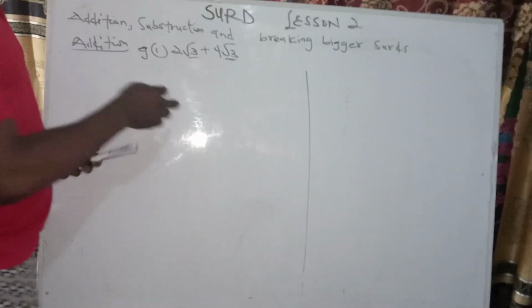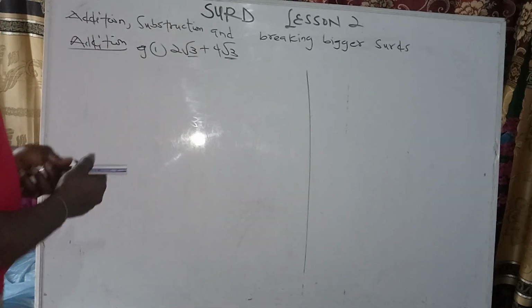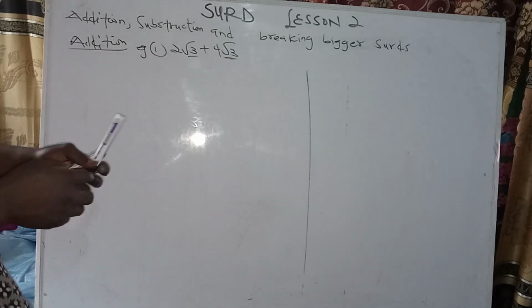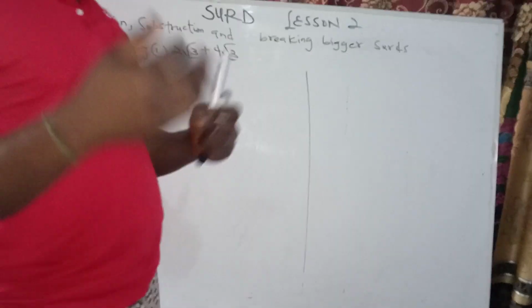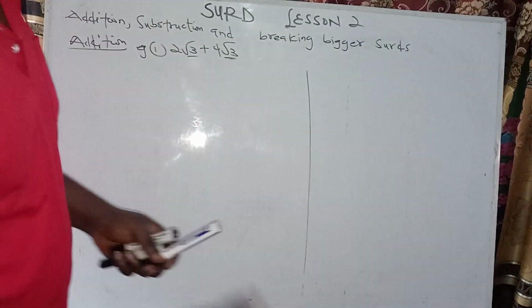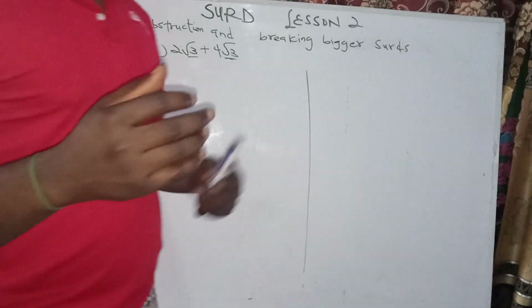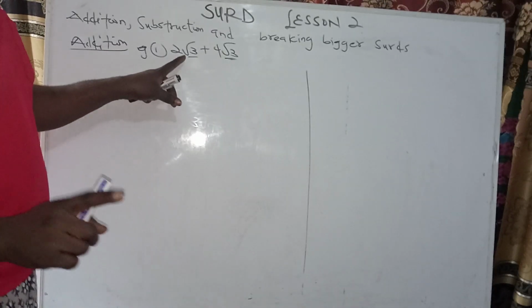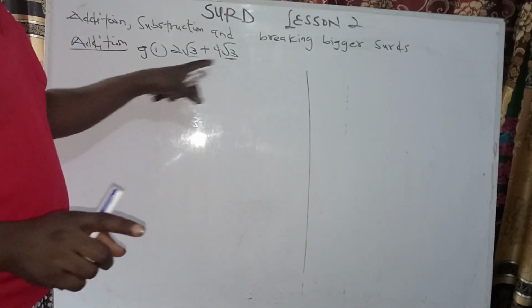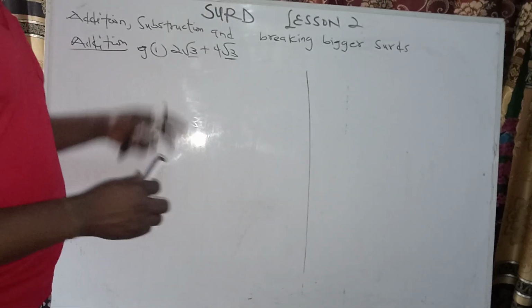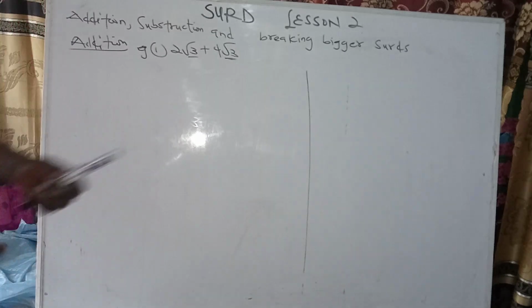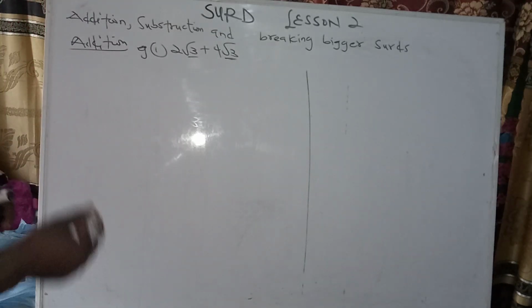2 root 3 plus 4 root 3, what happens is that first I was saying in the properties that outside times outside, inside times inside, but now it is plus, so it is outside plus outside. Then if they are of the same square root, you are going to pick one of them. So let me bring it to more practical.